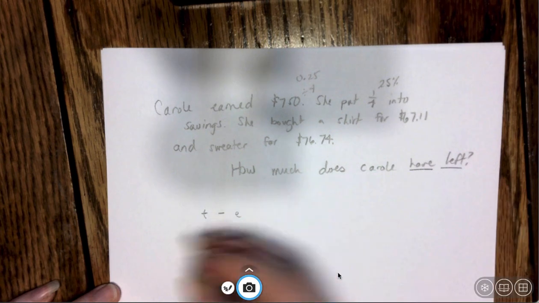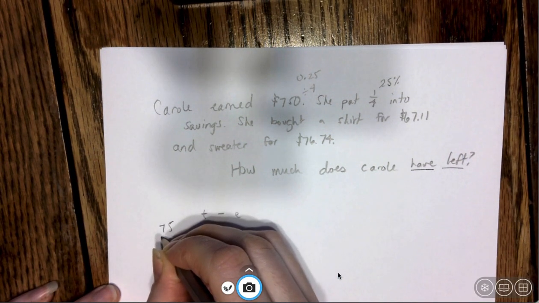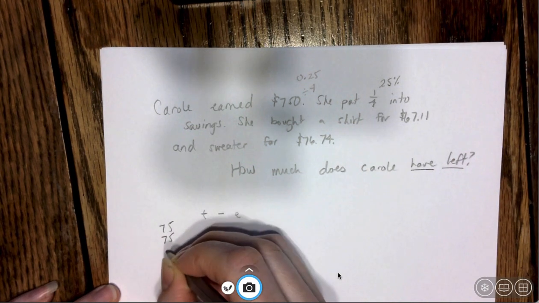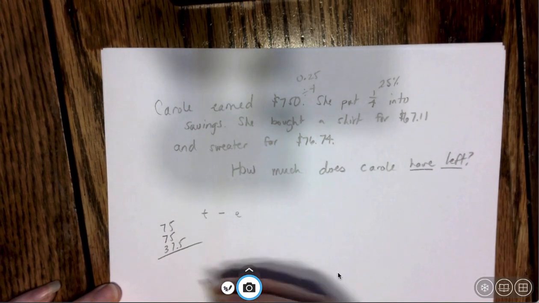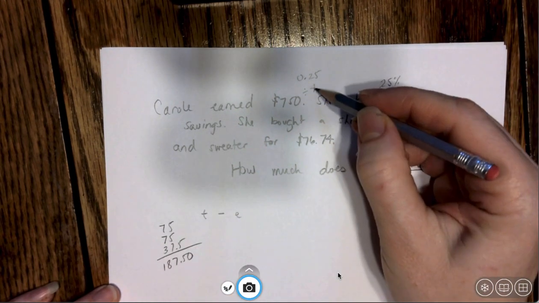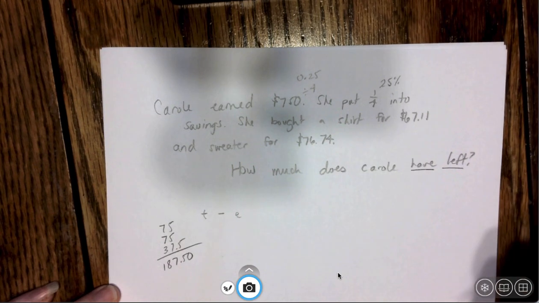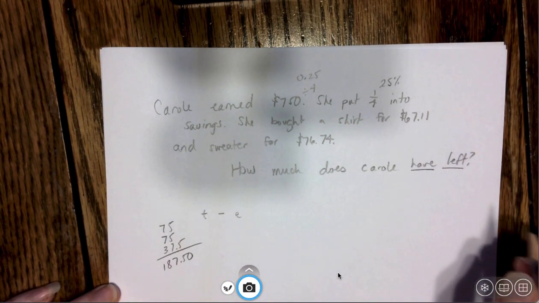You can do the 10% method where you take 75, that's 10%, another 75, which is 10%, and then 37.5. If you add that up, you get 187.50. You'll also get that if you divide by 4 or multiply by 0.25.